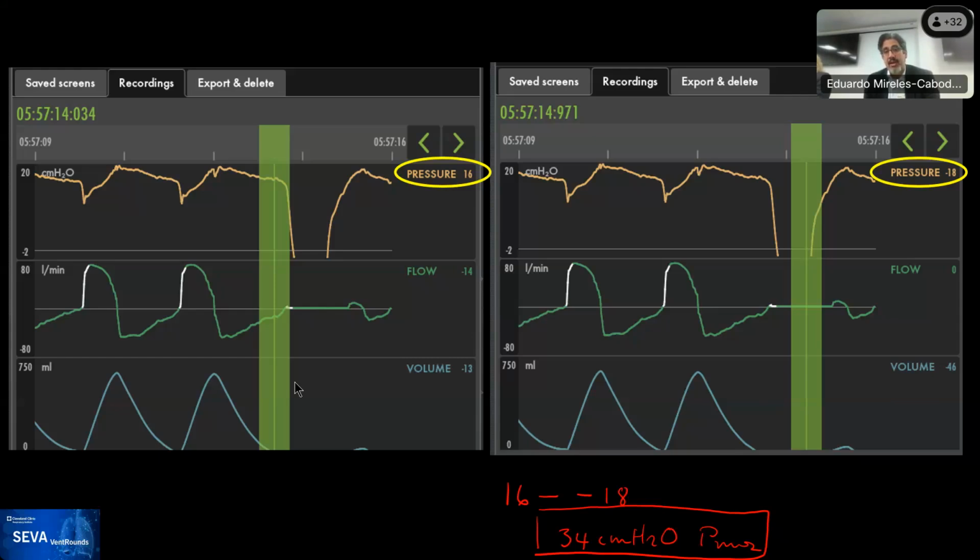Yeah, and actually there are several important items with that comment about the brain dead patient. Yes, without a doubt, it will change with changes in resistance and compliance.